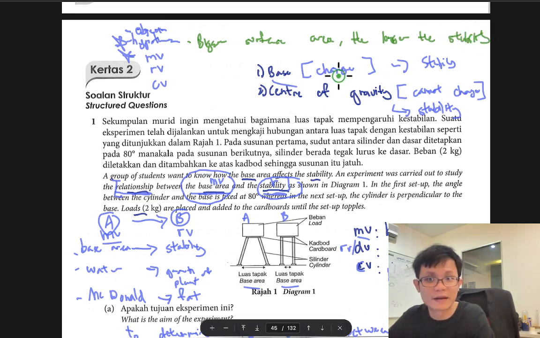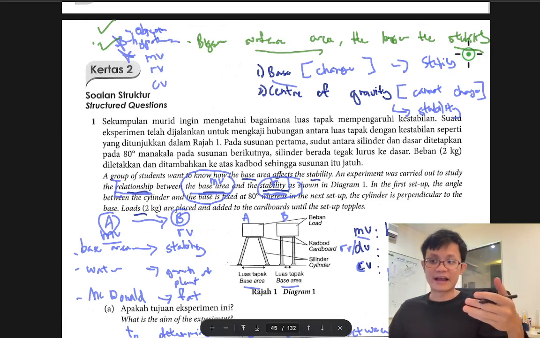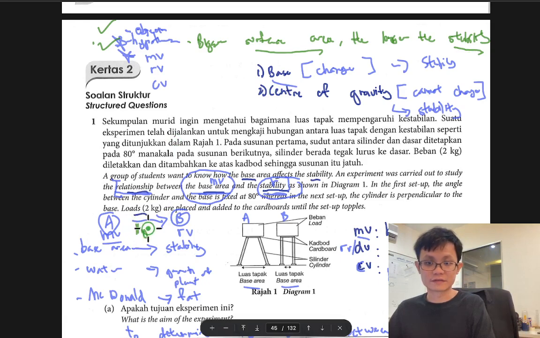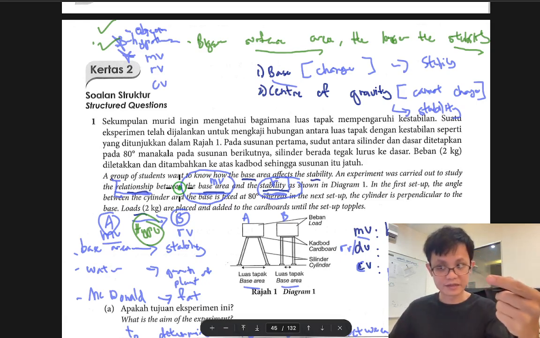So usually in an experiment, the first thing we do is either the objective or the hypothesis. If the surface area is bigger, the stability is bigger. So this is usually the hypothesis. You want to show a relationship: bigger, then more stable.